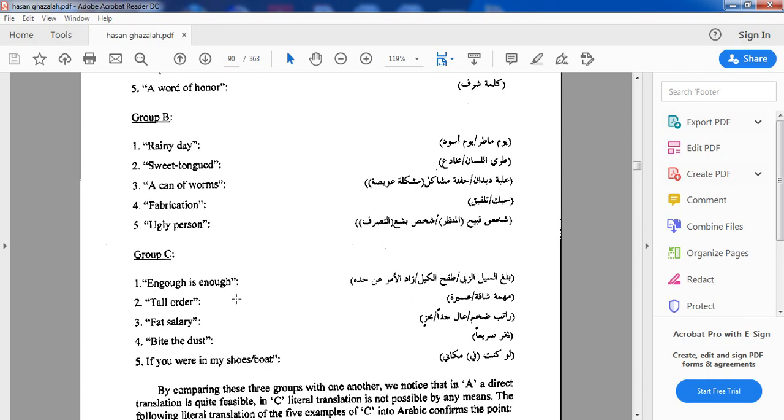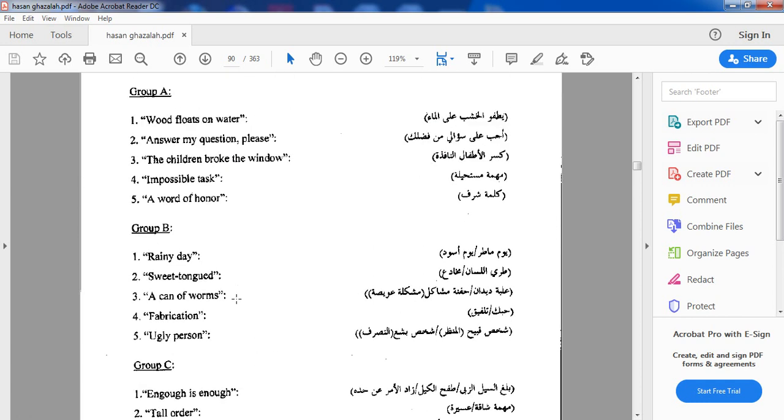Okay, the main idea that the writer tries to tell us is that in the first group, literal translation is acceptable. We don't have a problem.